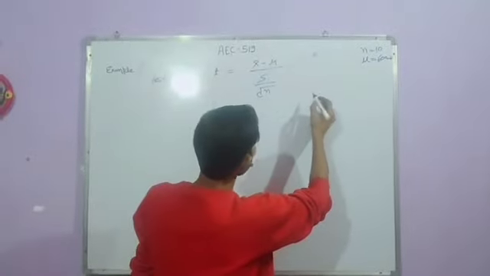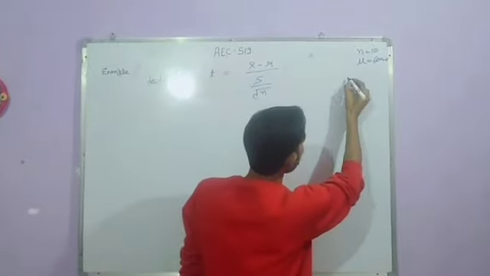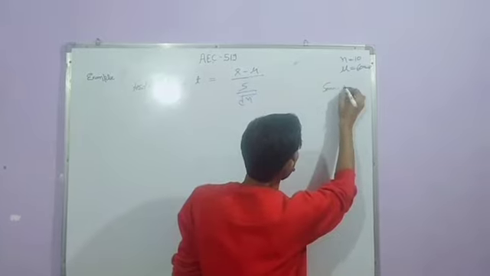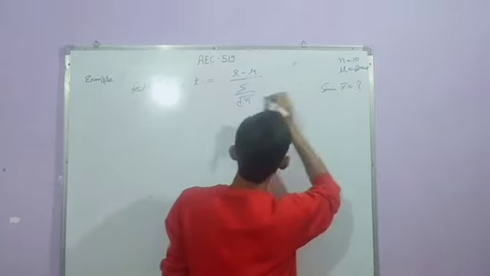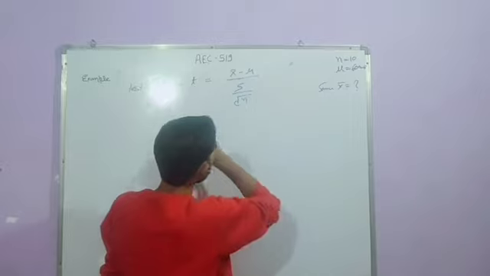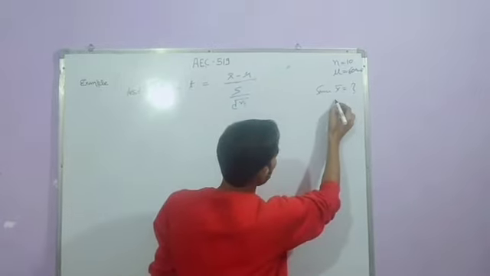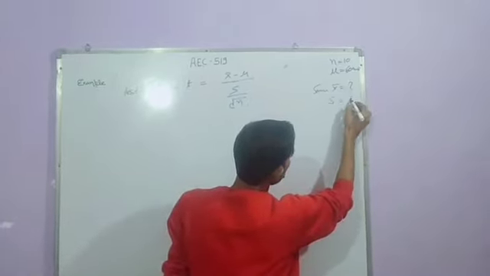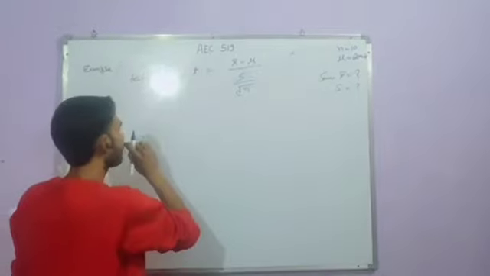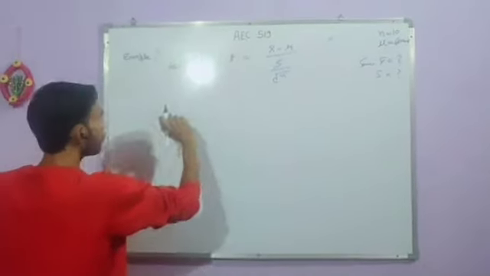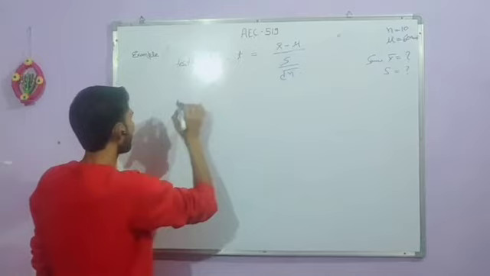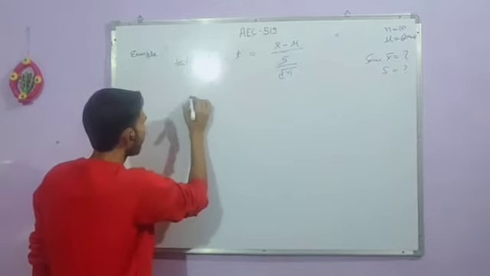In this formula we see that our sample mean x bar is unknown, so we find it, and the standard deviation of the sample s is also unknown. So first we calculate this x bar and s by making a table.